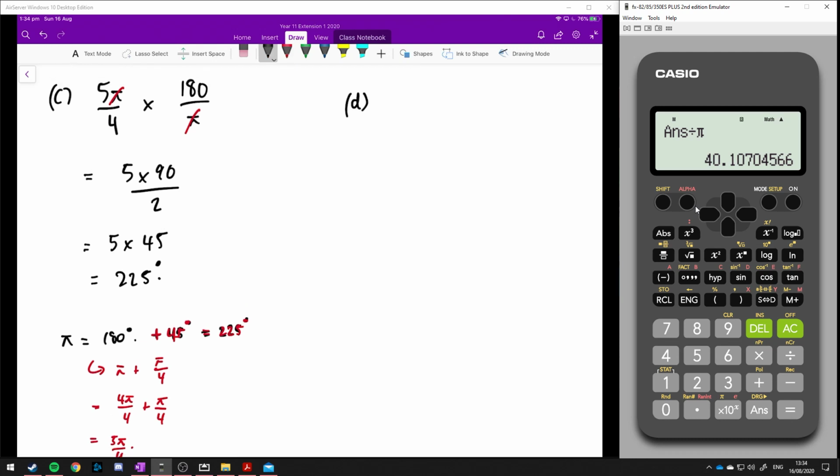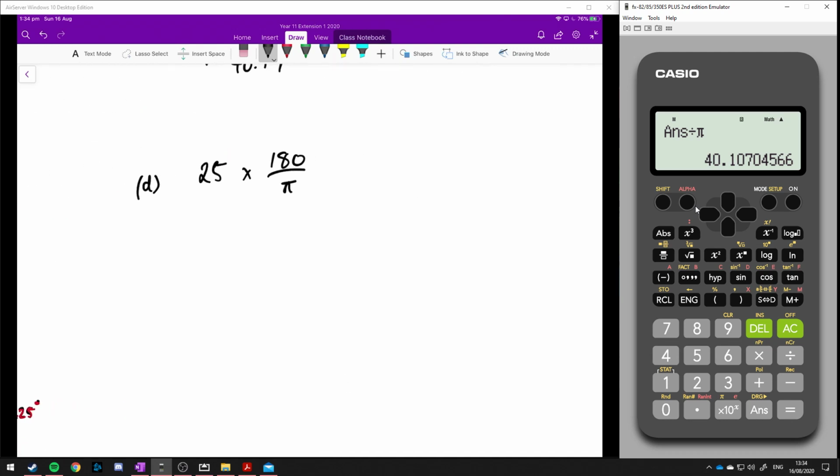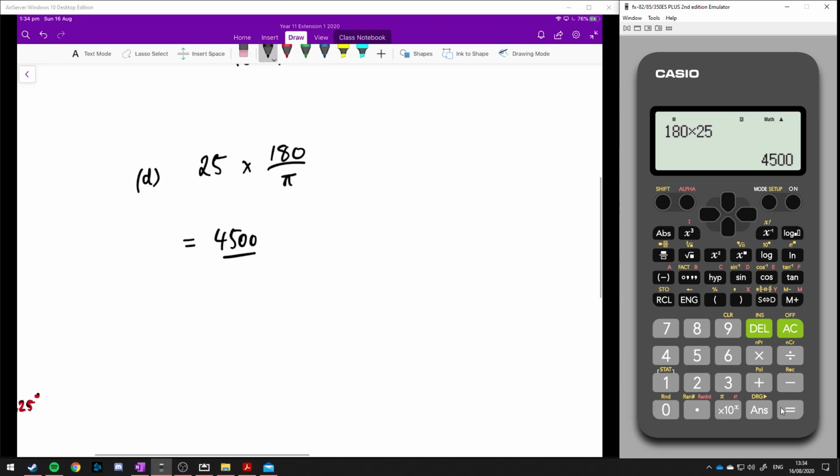Last one is part D. So part D, we've got 25, so just 25 flat. Okay, so again, we're just going to times this one by 180 on pi. So 25 times 180 on pi, well, it's not very nice, so 180 times 25 is equal to 4,500 on pi, which is equal to, so 25 radians is quite a bit, as you could imagine.